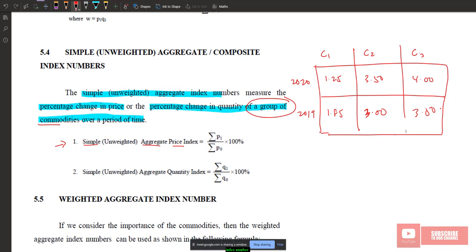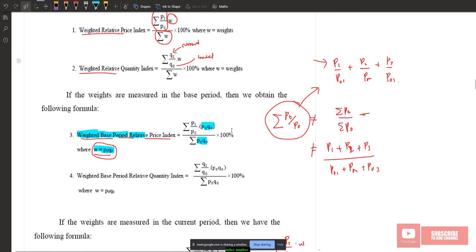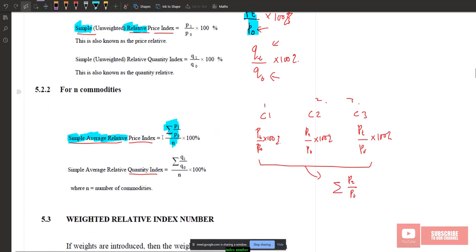So to find the simple aggregate price index for these three commodities, we need to add 1.25 plus 3.50 plus 4.00 divided by the base year, which is 2019, 1.85 plus 3.0 plus 3.50, multiplied by 100%. So this is how the formula works, right? If you can notice, this formula is not equal to this formula, right?